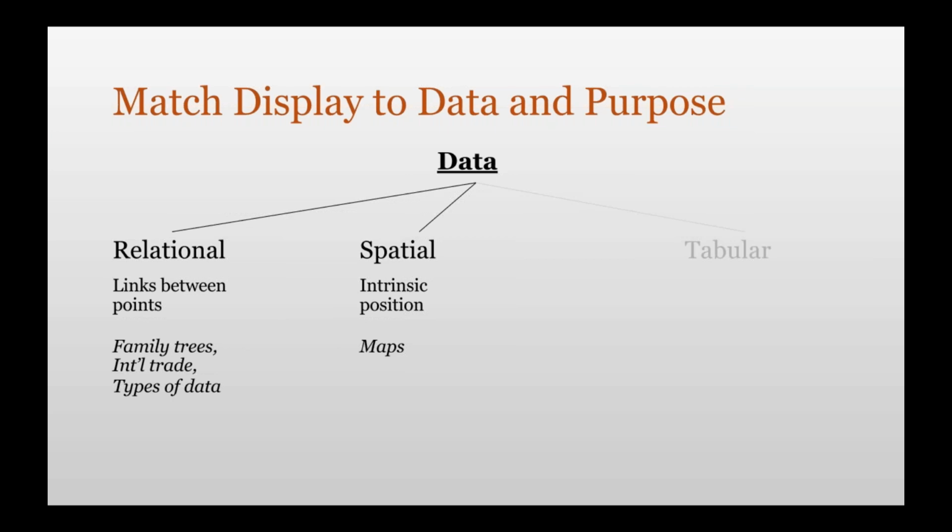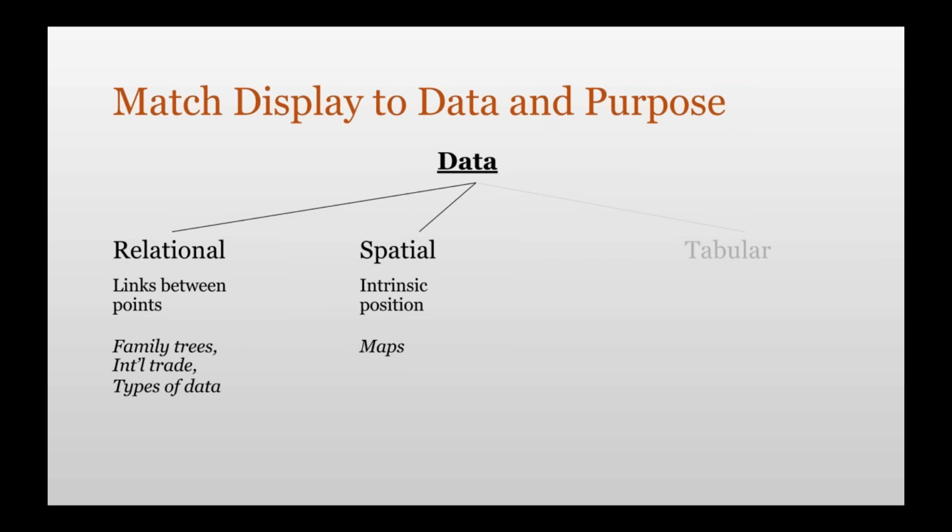And for spatial data, it's a bit more based on an intrinsic position. So this is different from a scatter plot or any other data plot where you're mapping X and Y, because with spatial data, the position is more of a tangible thing. If you're mapping X and Y, you're able to choose that framing, and it's related to the data.